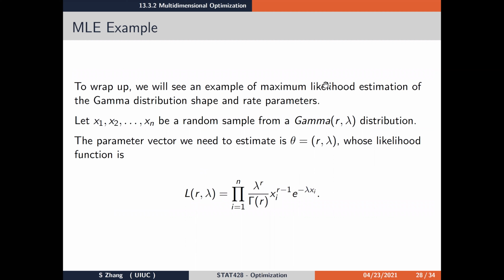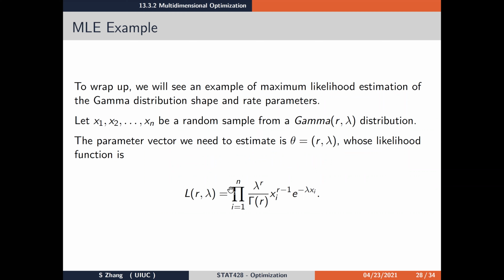To wrap up, we will see an example of maximum likelihood estimation of the gamma distribution shape and rate parameters. Let's suppose that x1, x2 to xn is a random sample from the gamma distribution with parameters r and lambda. In this case, we have collected data, and the parameter vector we need to estimate is theta, which is equal to the vector of r and lambda.